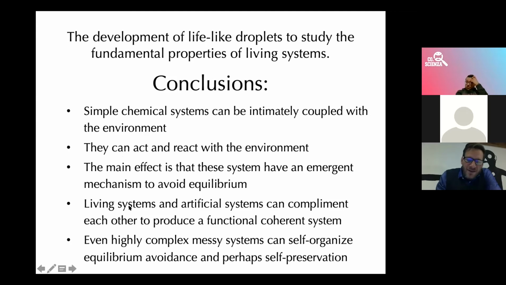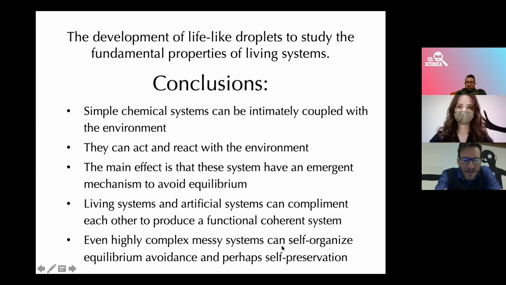And what we're playing with now is the interface between our artificial systems, so our droplet systems, and living systems, and how they complement each other to produce a functional coherent system like this auto-selective transport system. And then finally, even highly complex, messy systems that may be more interesting and relevant to an origin of life scenario can self-organize equilibrium avoidance and perhaps even, question mark, self-preservation.